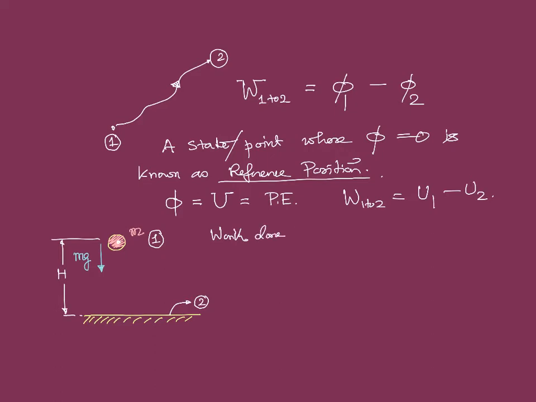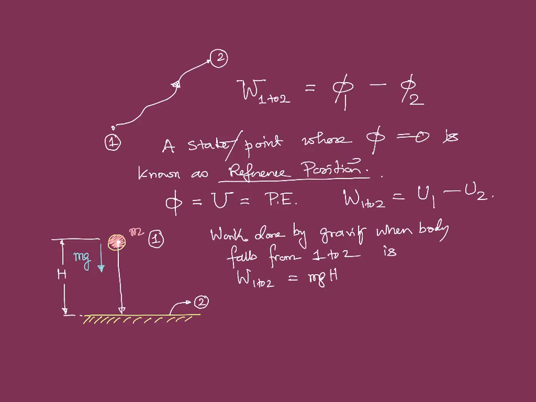So work done by gravity when the body falls from 1 to 2, through a height h, is W1 to 2 by gravity, so mg multiplied by h, right? Because the displacement is h. So it's phi 1 minus phi 2 or U1 minus U2.